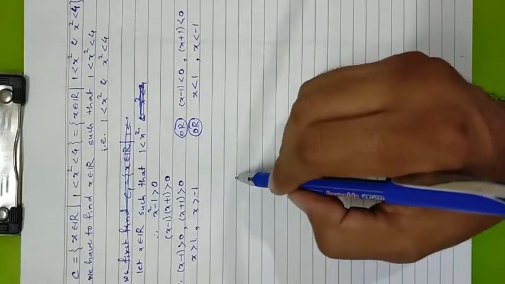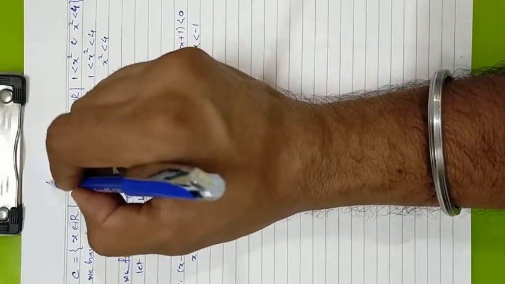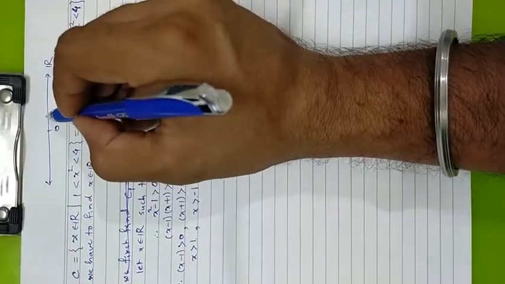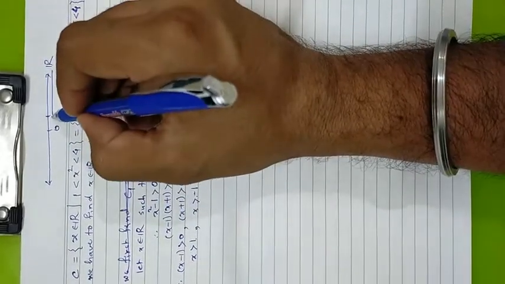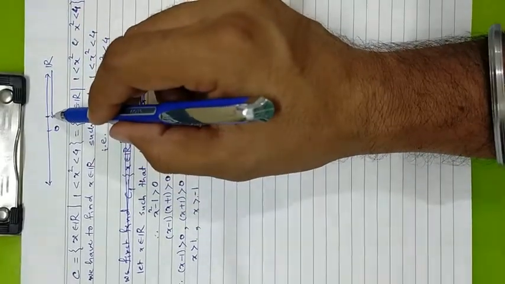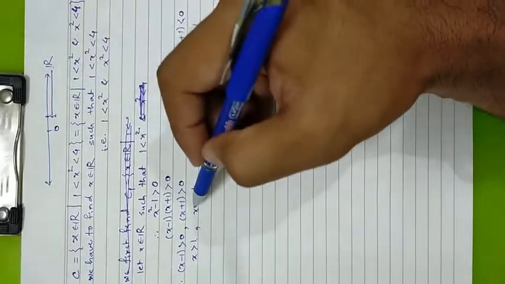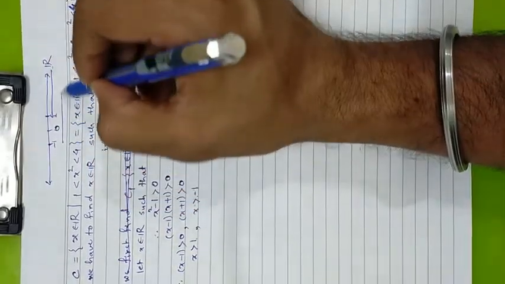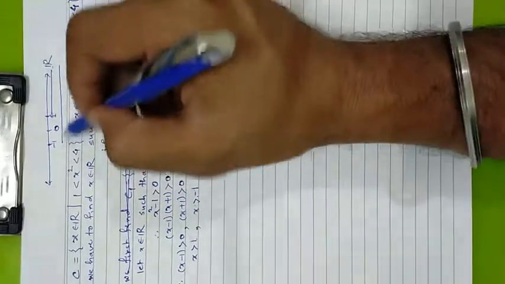So suppose I have the real line. x is greater than 1, so x lies above 1, and x greater than minus 1 means x lies above minus 1, from minus 1 to infinity.